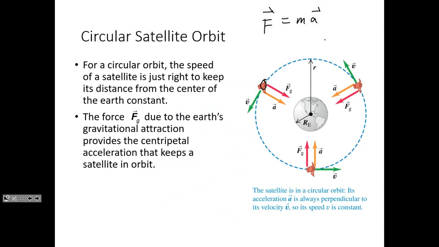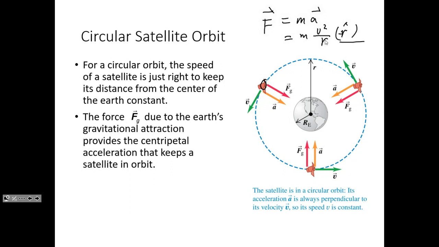Now, if the acceleration of the satellite is always pointing to the center of the Earth and it is doing circular motion, which means it's a circle, and we know it's going to be a uniform circular motion, the magnitude of the acceleration has to be v squared over r, and the direction is pointing to the center of Earth.